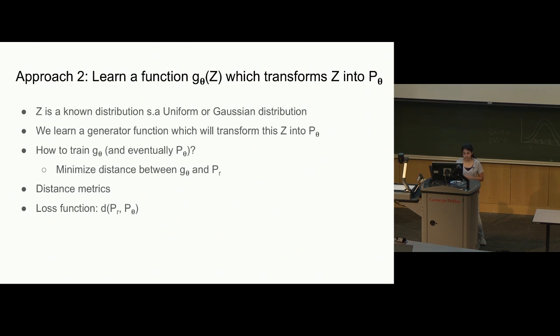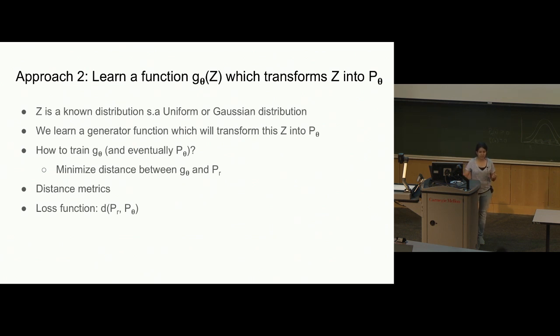Your generator will be learning to transform Z, so that G theta, when it approximates using Z, is in fact approximating P theta itself.